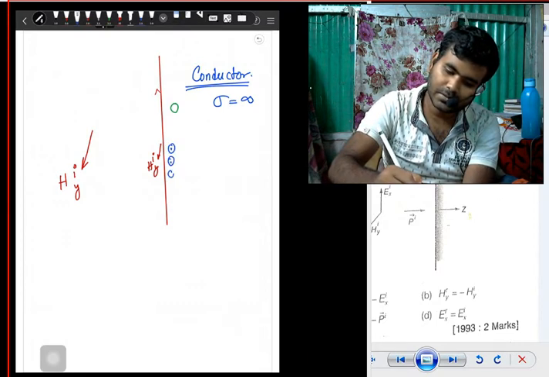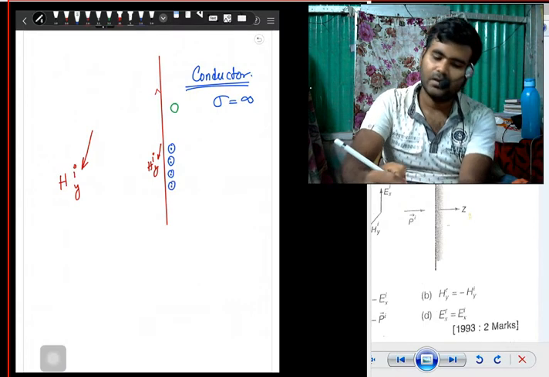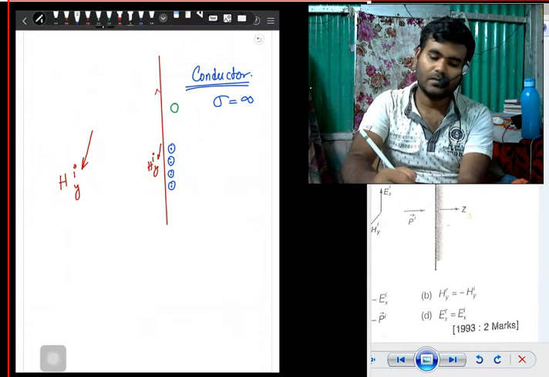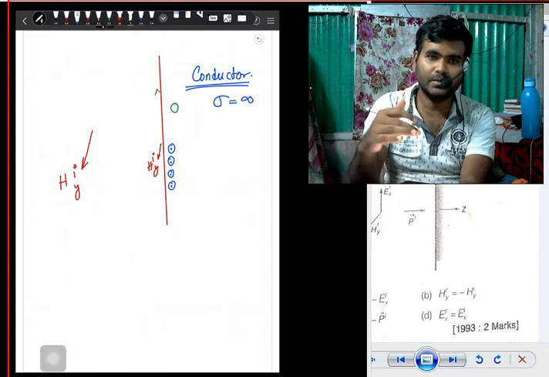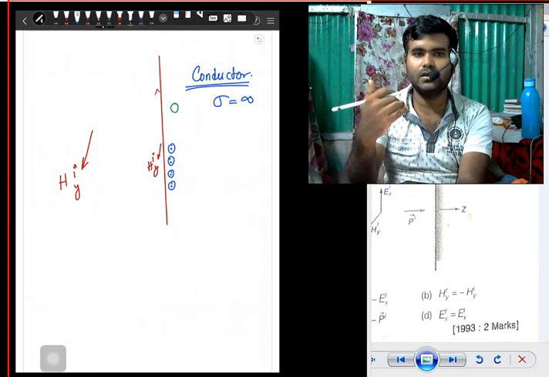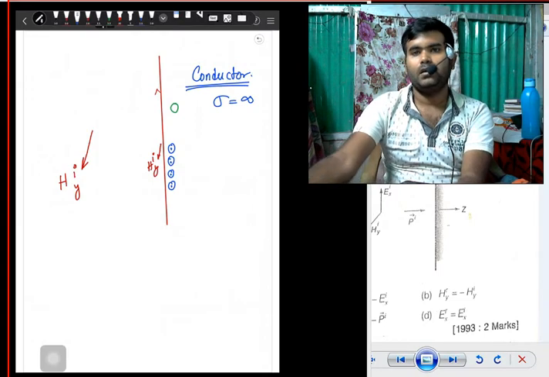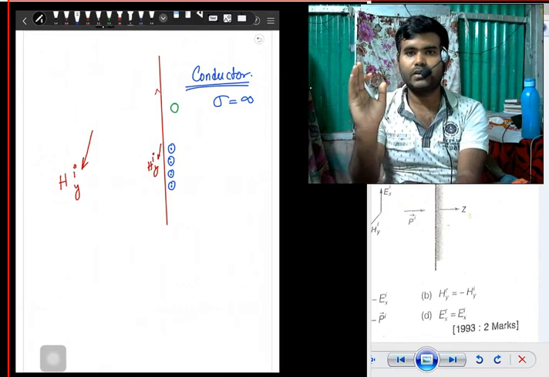This surface current again produces some electric field in the same direction, and that will create your reflected wave.